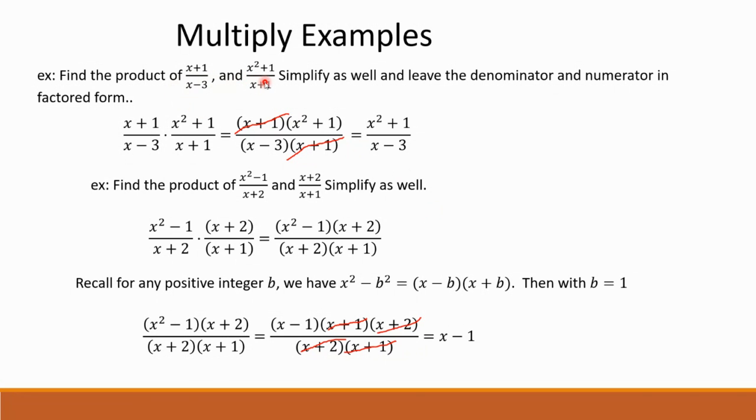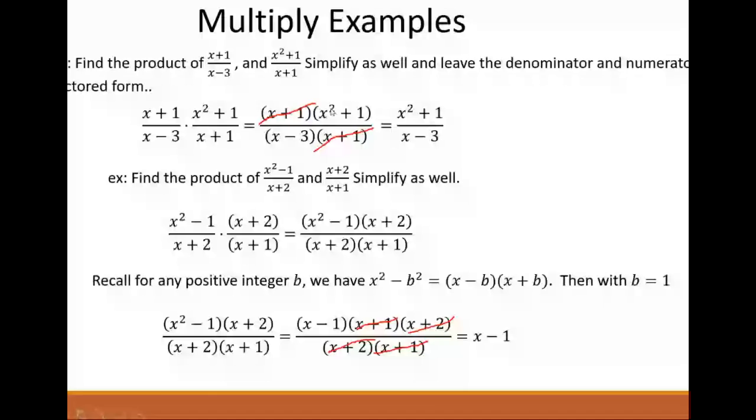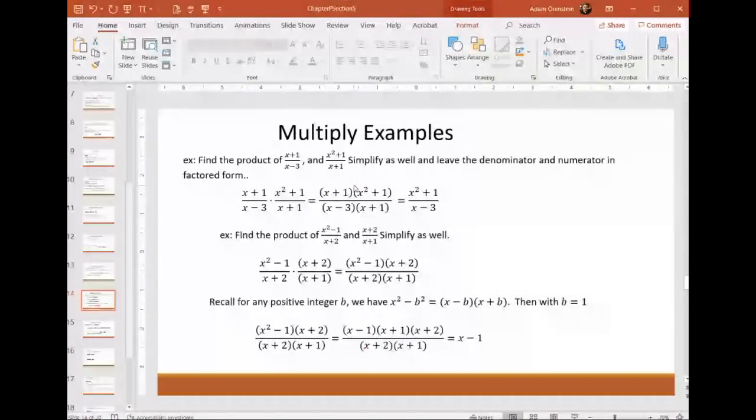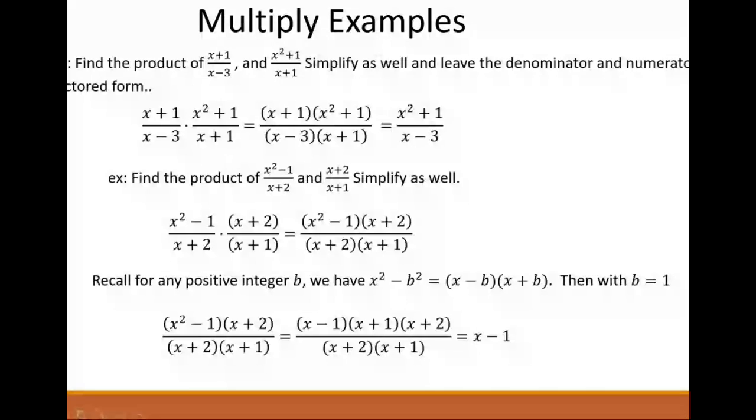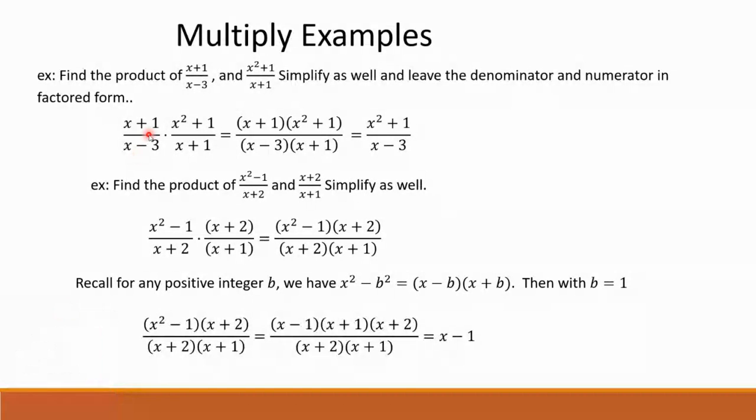We're going to multiply these. Let me just get rid of that ink. It's not wrong to have it, but I feel better doing it like this. So we're going to multiply those together, as you can see. And when we do, we just multiply numerators and denominators together, and we're also simplifying.